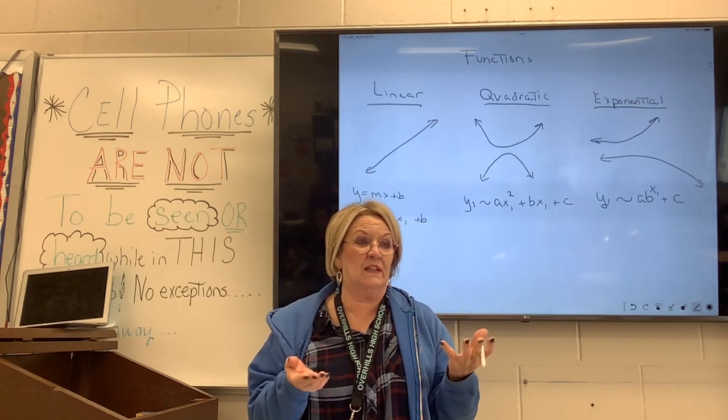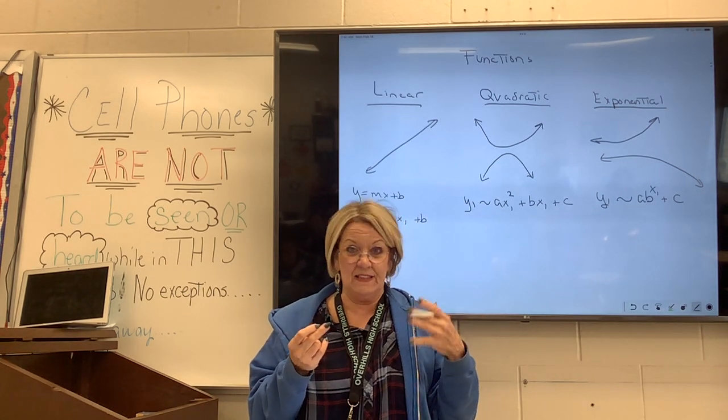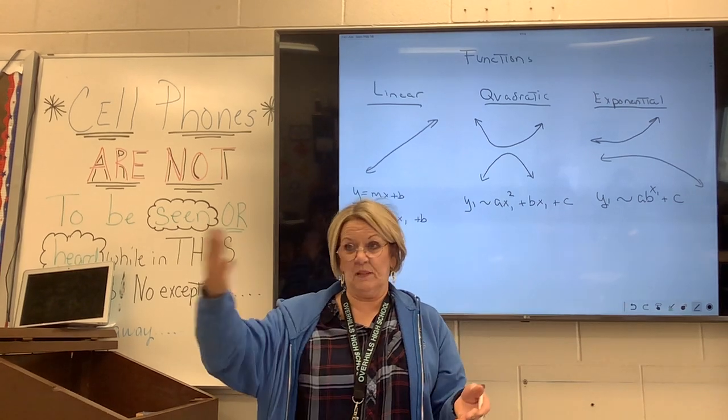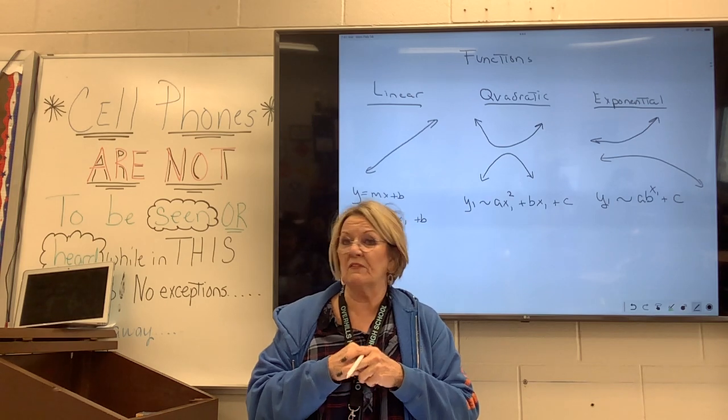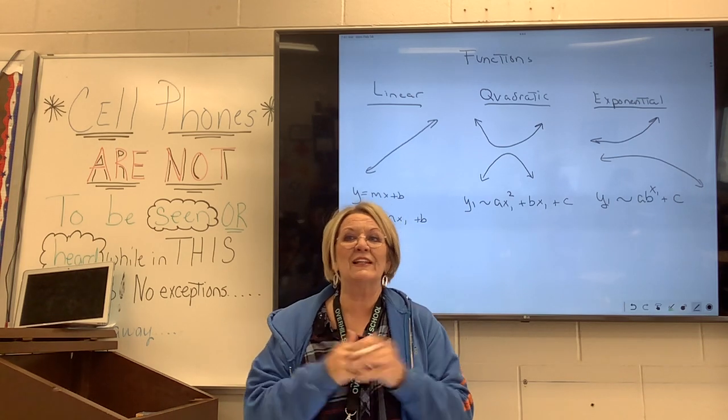If we can find out what kind of data it is and then get the equation, then I can plug 1,000 in for x and find the answer. But if I don't know what kind of data it is, I can't do that.